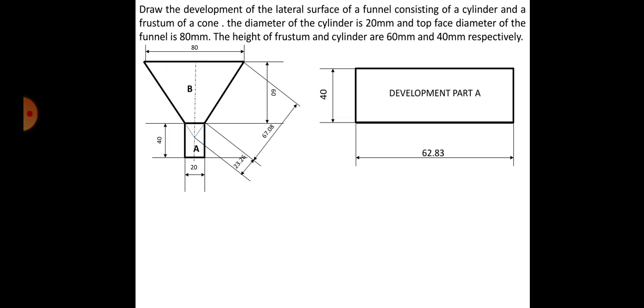So for drawing the cone I need the radius, the slant height or the generator of the cone. So now I will take this total length whatever I have got as a radius in my compass, and I will draw an arc, taking a center and drawing an arc.